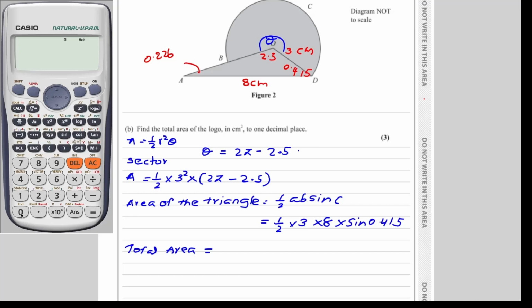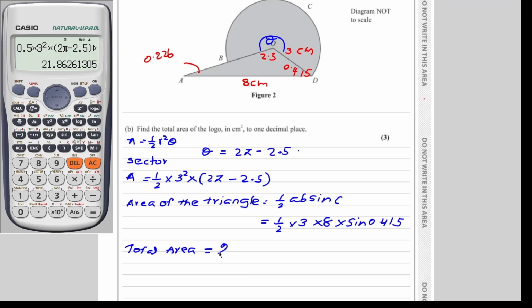So half, which is 0.5, into 3 squared into 2 pi minus 2.5, close the bracket, plus half, 0.5, into 3 into 8 into sine 0.415 equals 21.86.